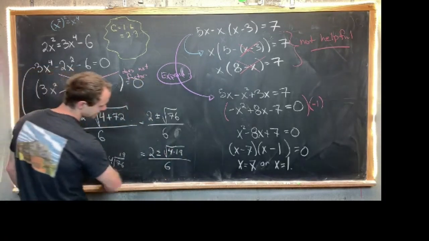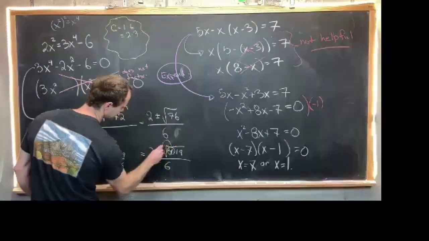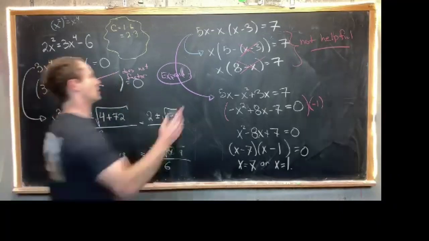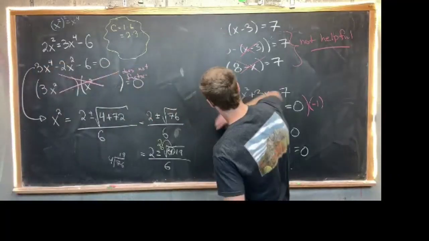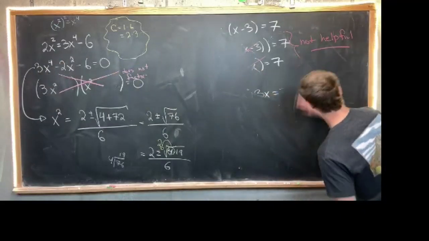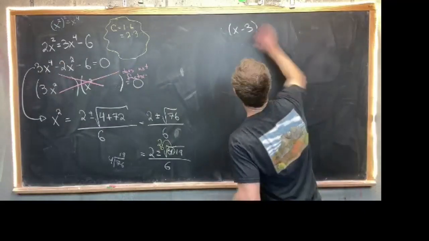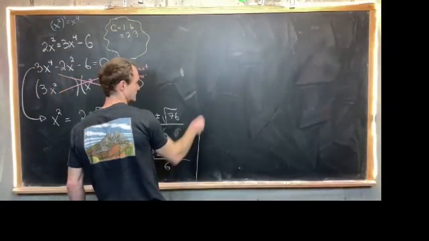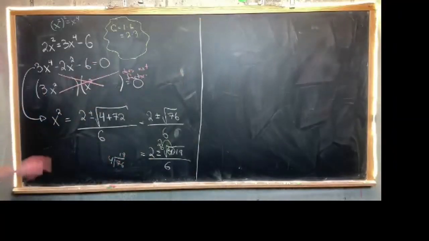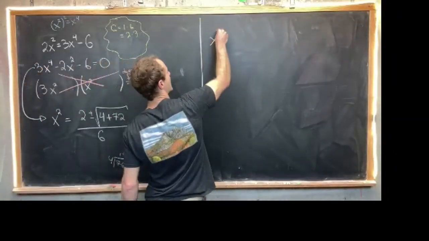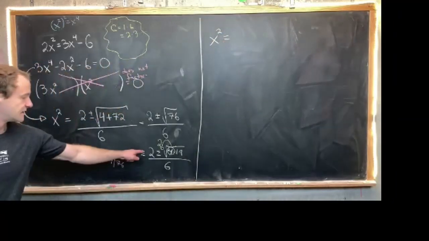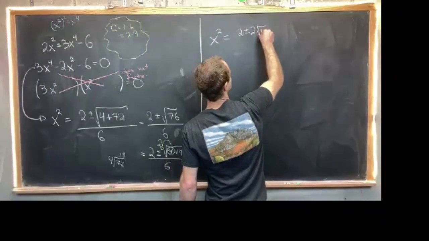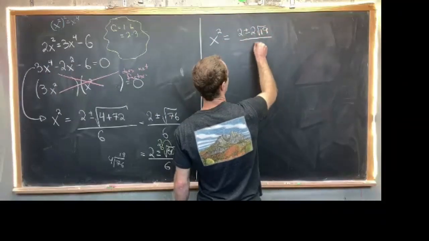But next, we can take this 4, extract it from the square root, and it turns into a 2. So let's see what that gives us. Okay, so that's going to give us x squared equals 2 plus or minus 2 times the square root of 19, all over 6.